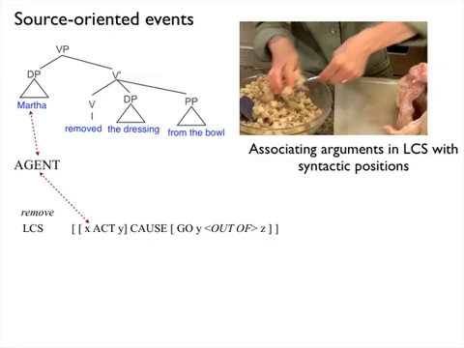The agent goes into the specifier slot. The patient or theme, in this case both patient and theme, right? The dressing is the thing that's acted on primarily, and in this sentence, it's also the thing that's doing the moving. So I'm assuming that something can play more than one role.